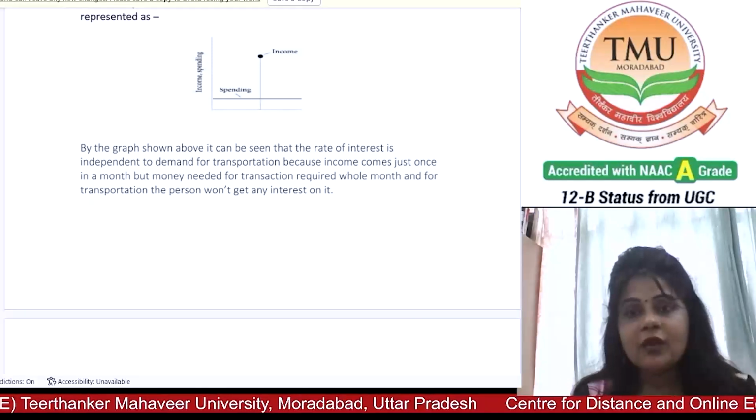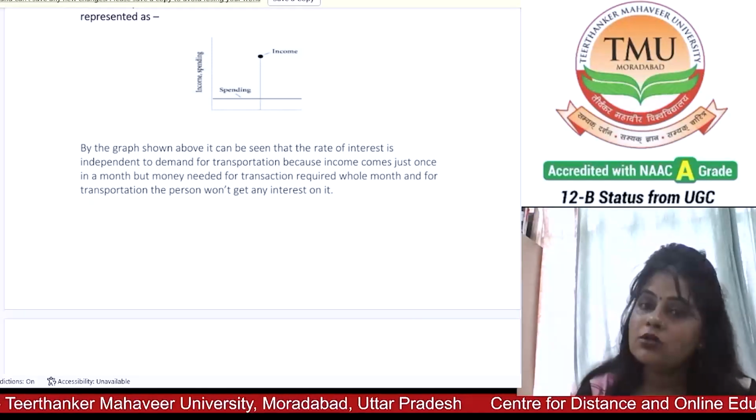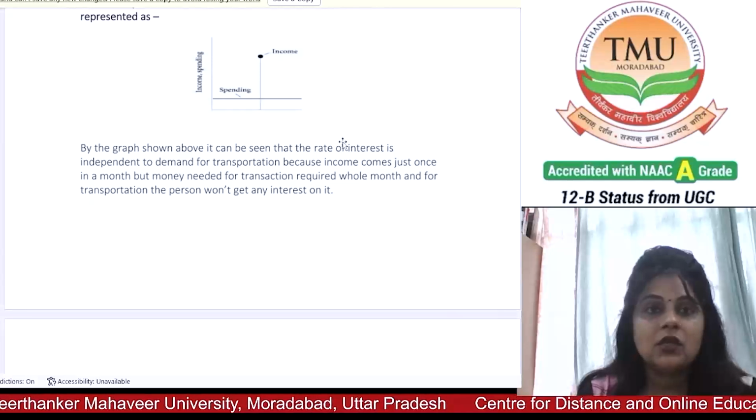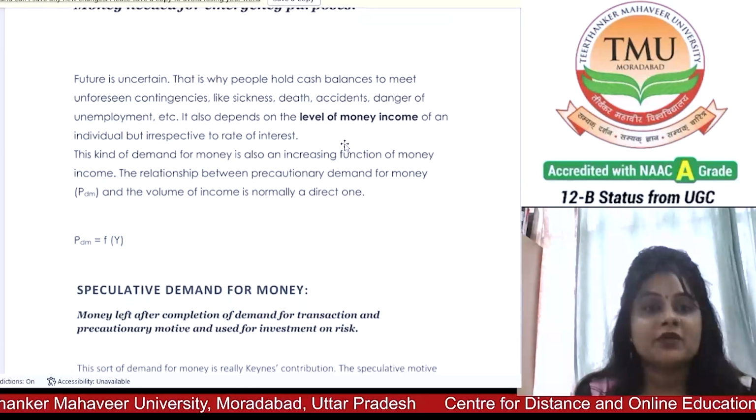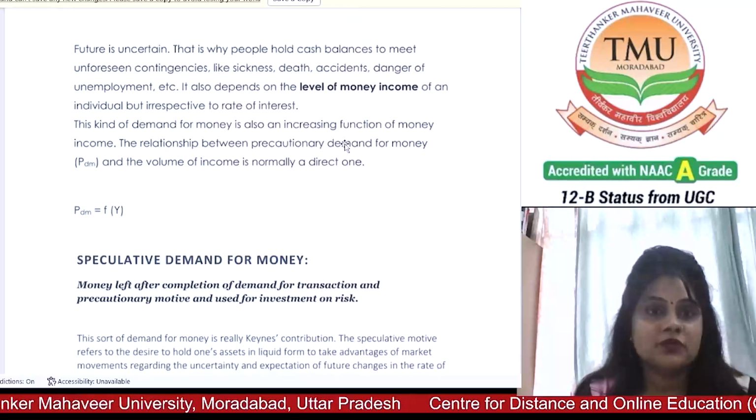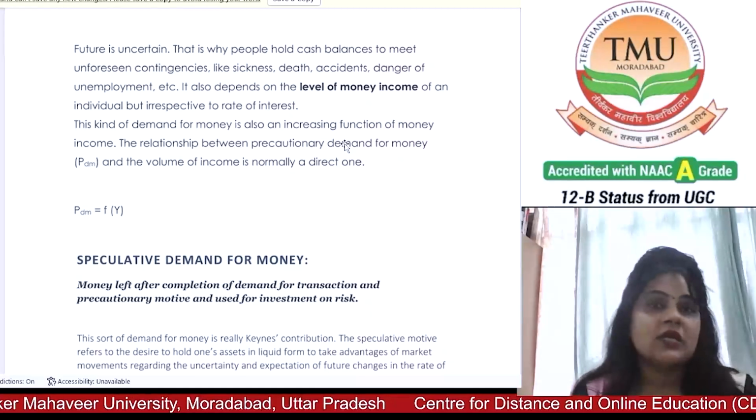When the level of income increases, the transaction motive also increases. Now, money needed for emergency purposes comes under precautionary motives. The future is uncertain.